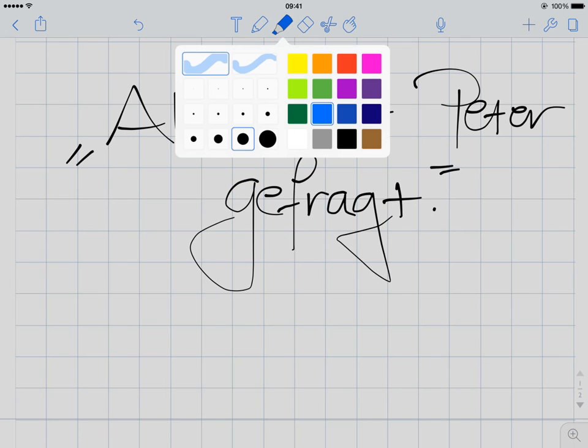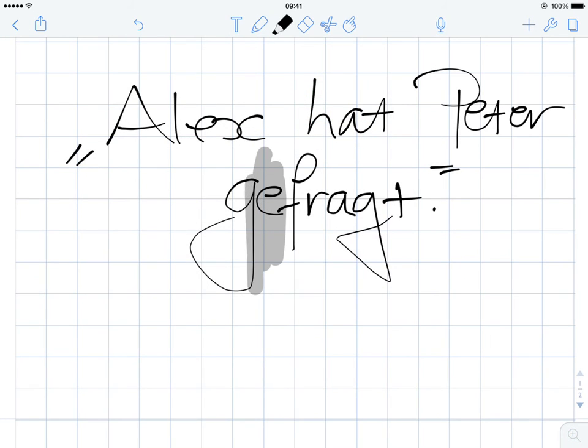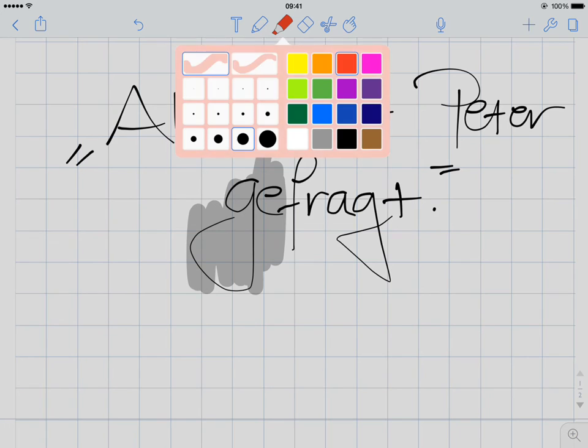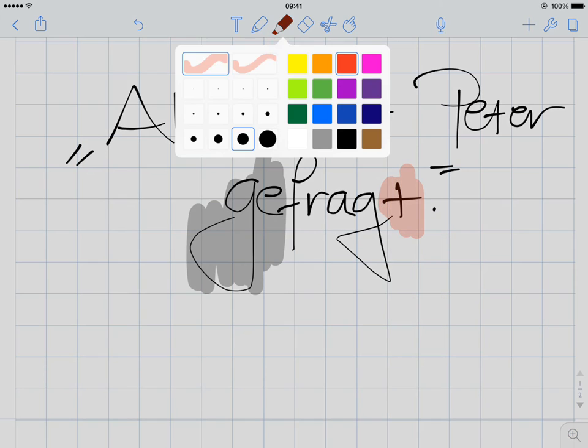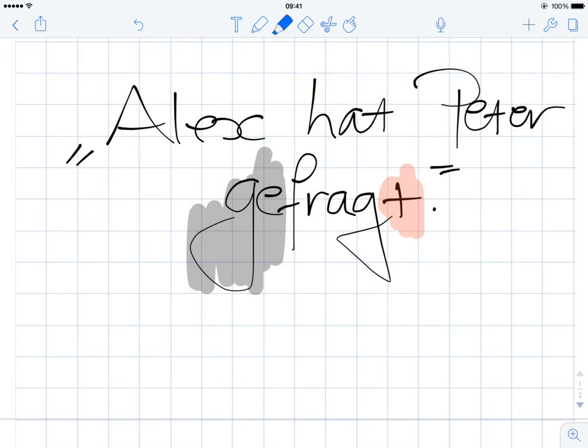So let's go backwards with this. I can break it down to say, well, I found my ge, and I found my ending there. I'm left with that stem in the middle: frag, gefragt. This section in the middle I can tell is going to be my stem. The verb stem has suddenly become quite clear.